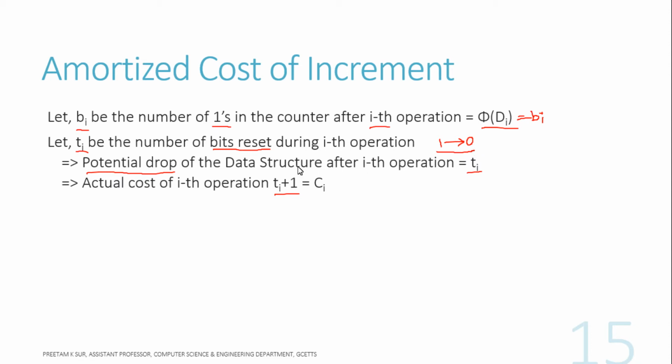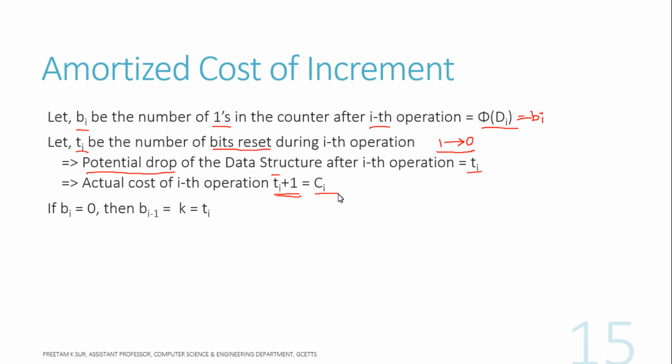So we have ti number of bits which are resetting, and there is one bit which we are making from 0 to 1. So the actual cost is ti number of resets plus one set. One bit we are making from 0 to 1. So that is what your actual cost ci is: ci is nothing but ti plus 1, the number of bit resets plus 1.